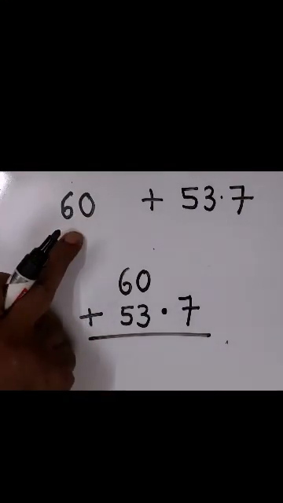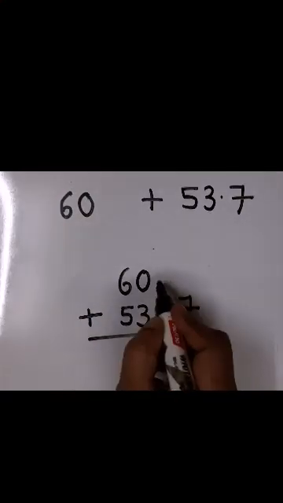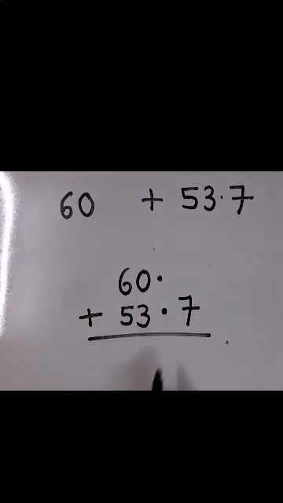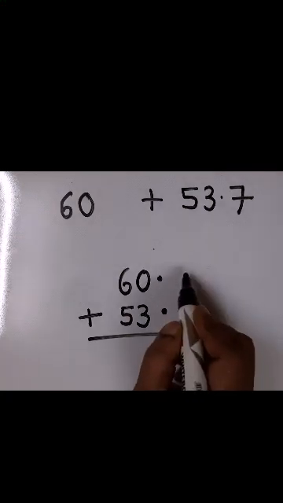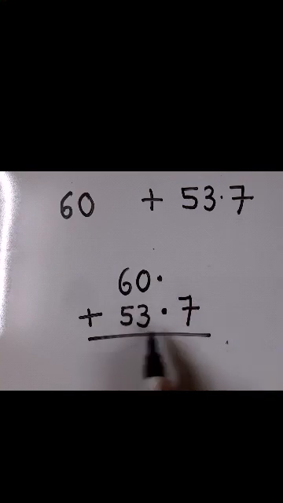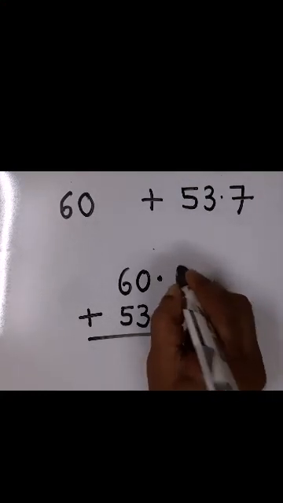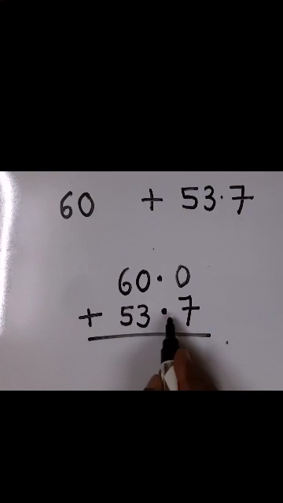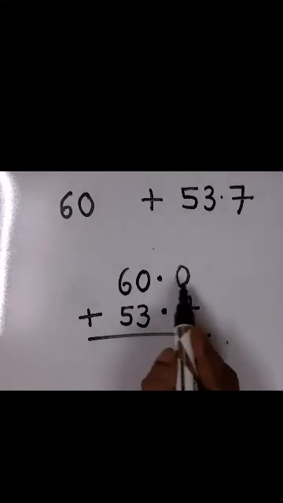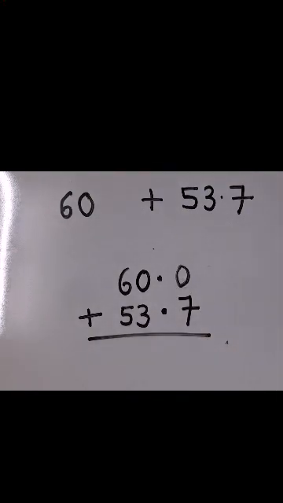This 60 is a whole number, right? So, you add a decimal here. Now, after decimal, children, I have one digit, that is one place value. So, what will I add here, children, to make it like decimals? I have to add 0. Very good. And how many zeros? Only 1. Why? Because the second number over here has only one digit. So, here also I add only 0.